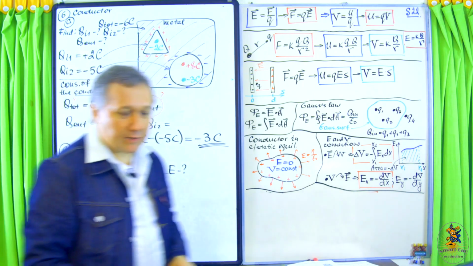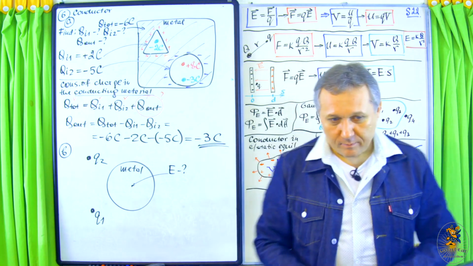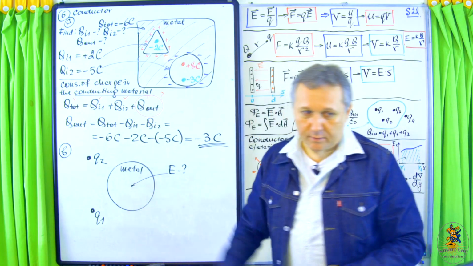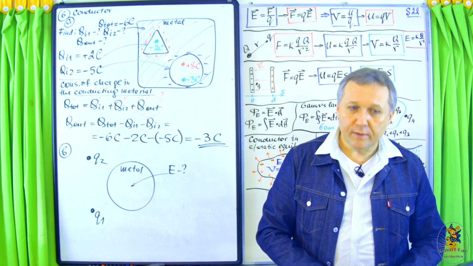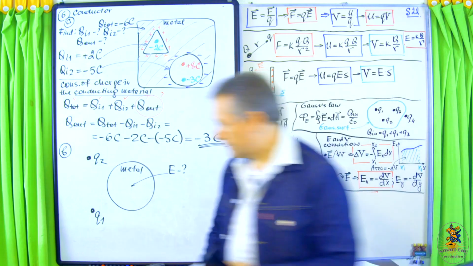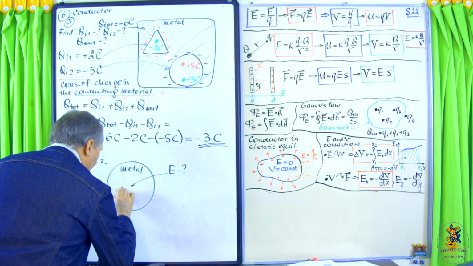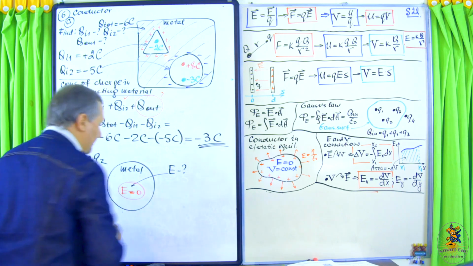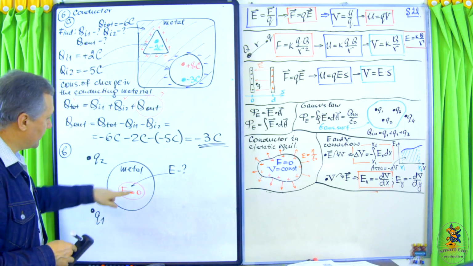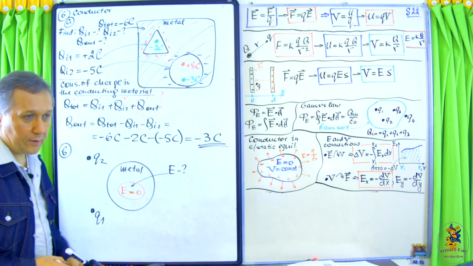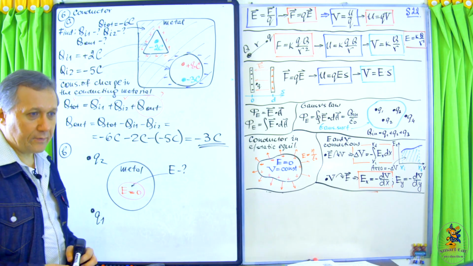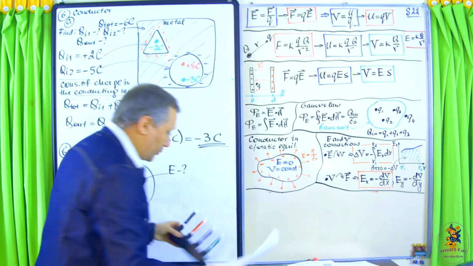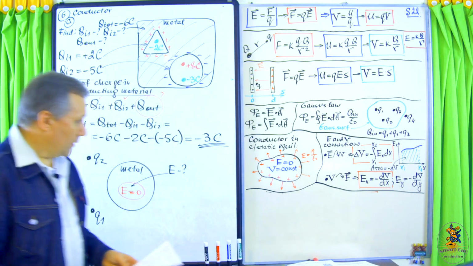They distribute themselves in such a way that the net electric field inside of the conductor will be zero anyway. So E equals 0. And it's not just at the center, it will be at every point inside of the conductor. Electric field will be 0. Just wanted to remind you.